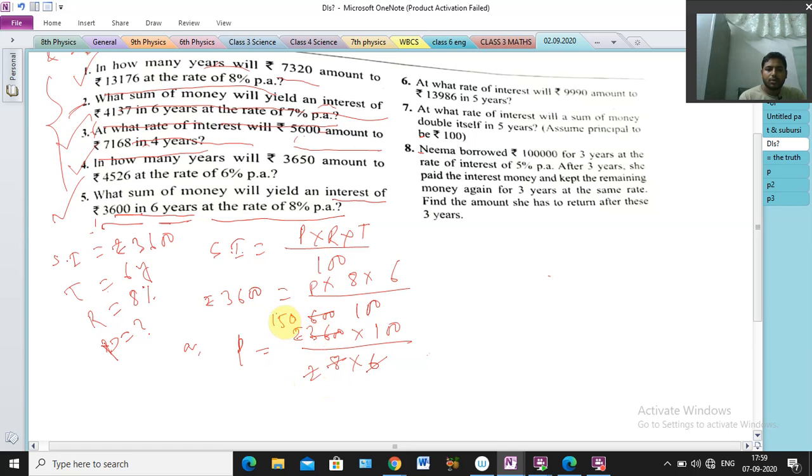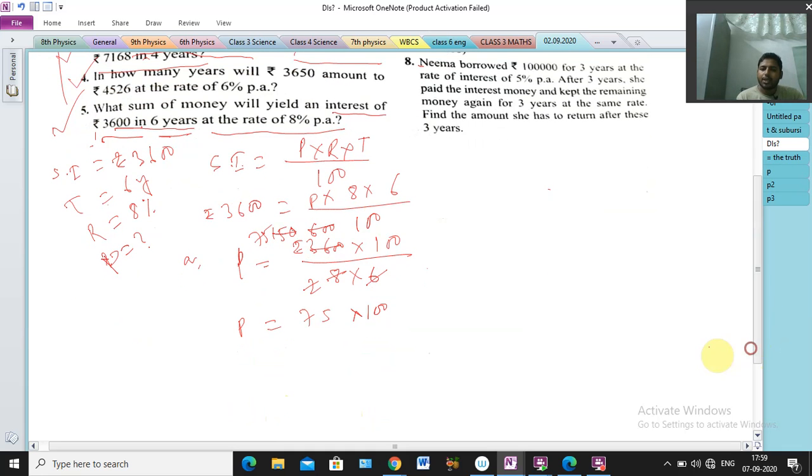Next, 2 75s are 150. So we are getting 75 into 100. Other things already gone, so that is the value of P. Just multiply it, 75 into 100, we will get 7500. This is the value of principal, or we can say the sum of money.